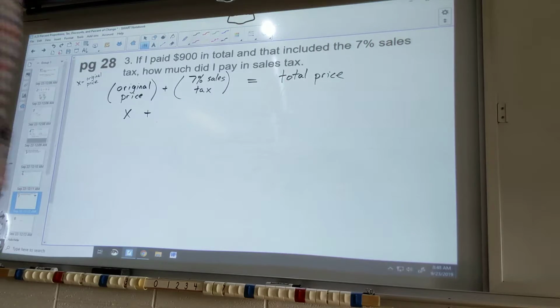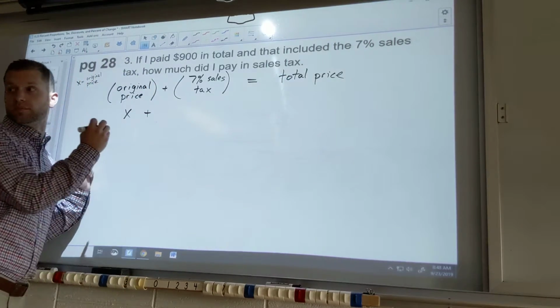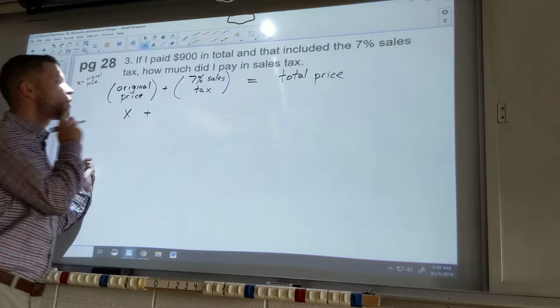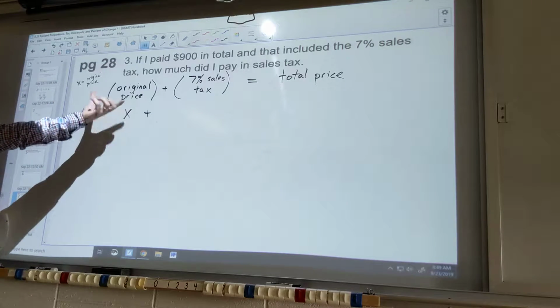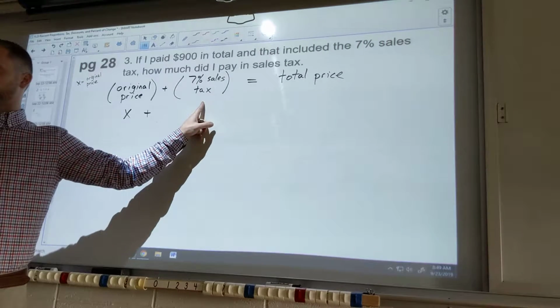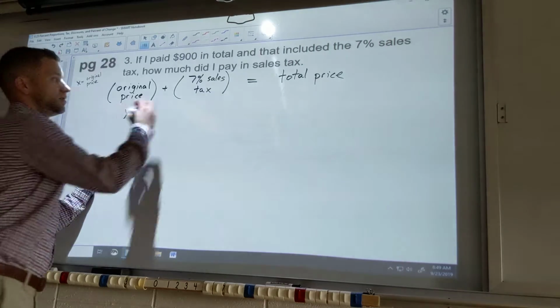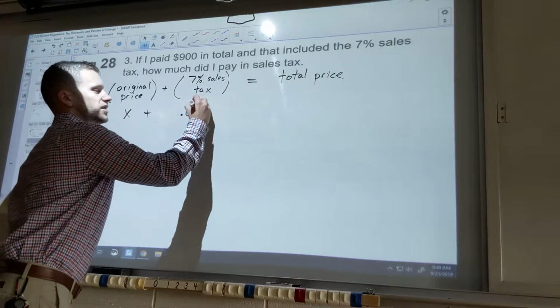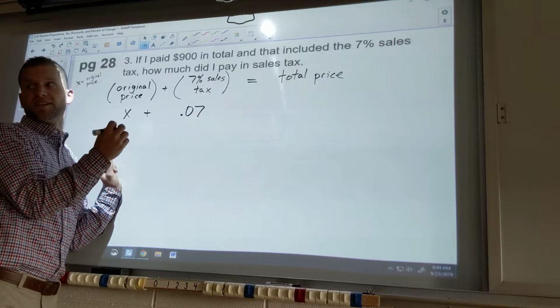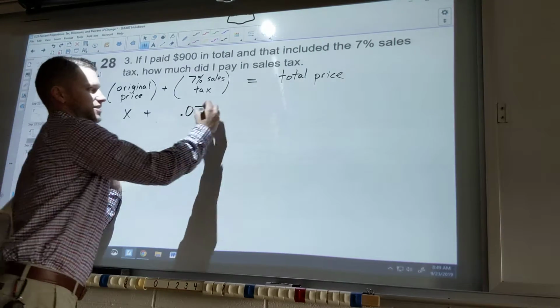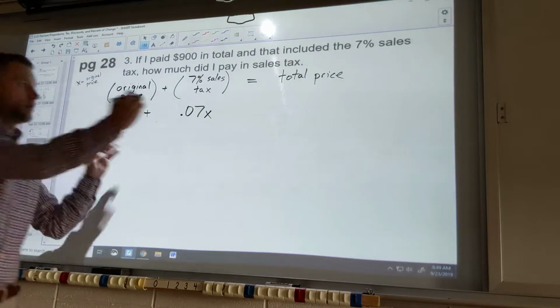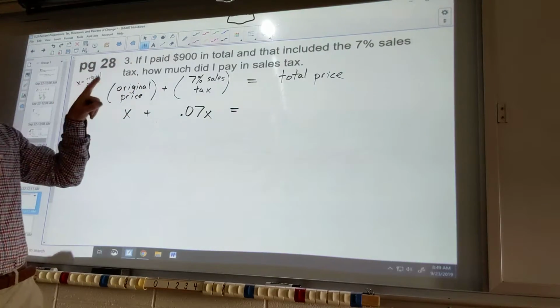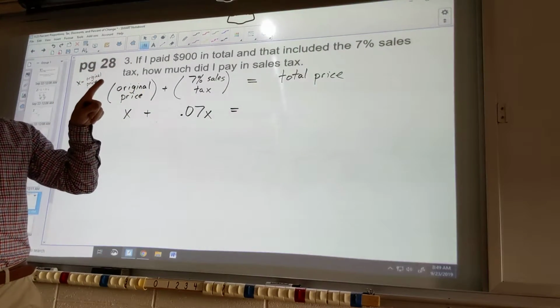Not by multiplying by 1.07, because we already have the original price here. We're adding it on. If I just want to find 7% sales tax, then you just multiply by 0.07. Good. 0.07 what? X. So we can write equals the total price, which in this case is what? 900.